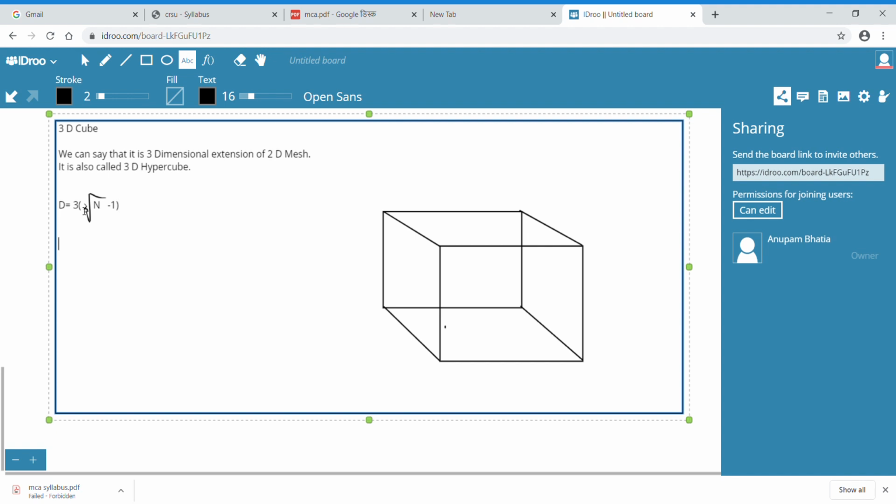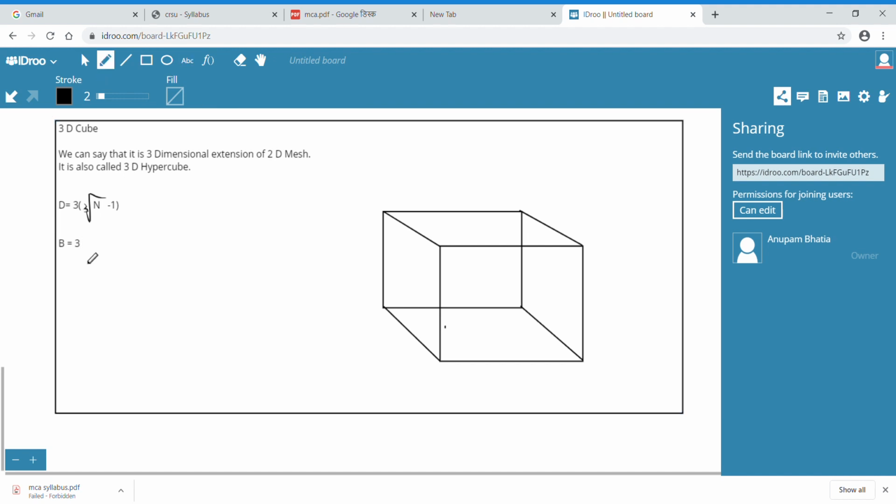And your bandwidth is equal to cube root of n square.